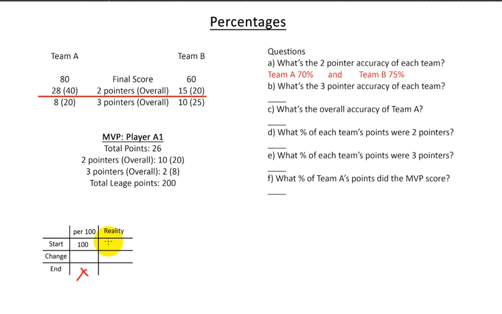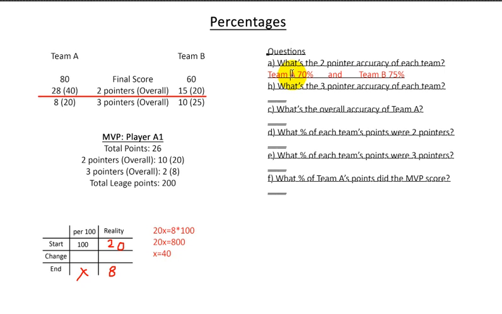So 20 up here. That's the whole. And 8. So what we need to have is that 20x, taking the cross product here, needs to be equal to 8 times 100. So 20x needs to be equal to 800. So x is equal to 40.